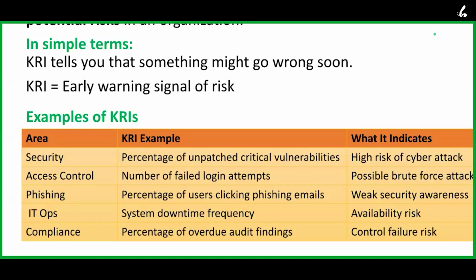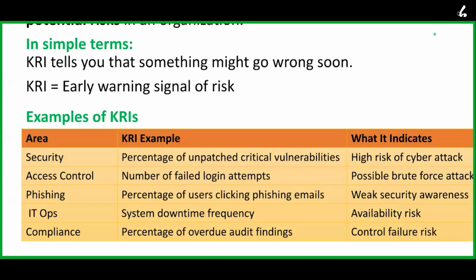In that, if I find multiple failed logins, that will be my concern, my risk. Based on that, I will make my KRI. I need to ensure whether the person logging in frequently is genuine or not. Likewise, we can identify whether a hacker is trying to access. So this is your access control.